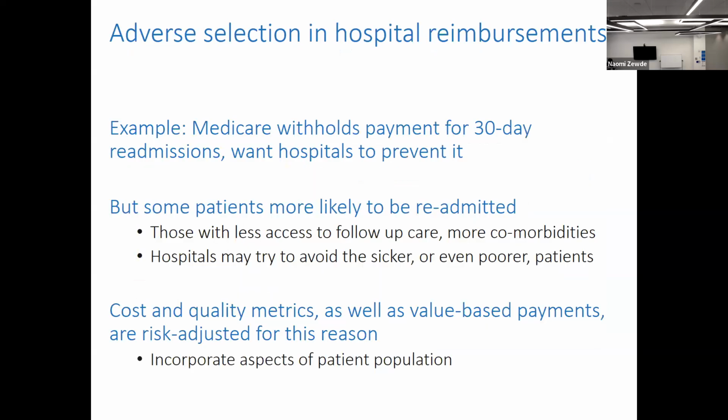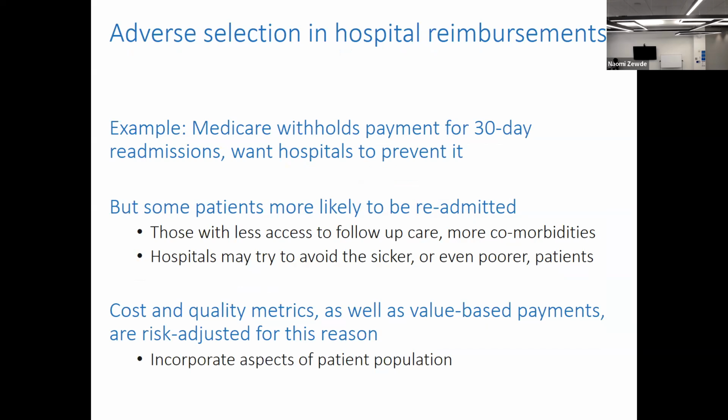The other place you see this, on the provider side, is hospital reimbursements. Medicare withholds payments for 30-day readmission. So if they do some kind of procedure and you end up getting readmitted within 30 days, that's all coming out of your initial single payment. The point is to give people the right care the first time around.